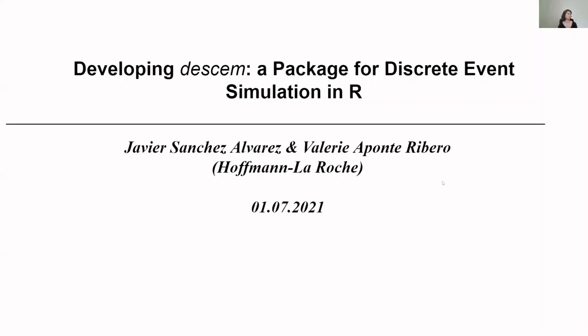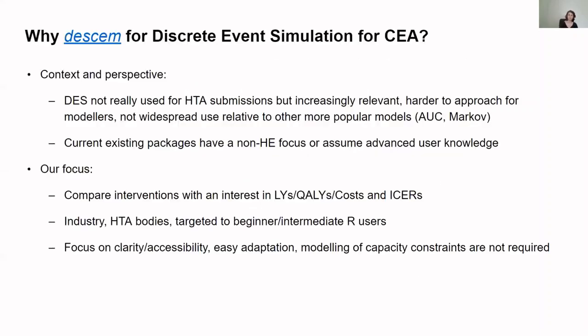Just to give a bit of background, why did we even want to develop that? We noticed that for HTA submissions, usually the default is to go with certain types of models, so area under the curve and Markov models.